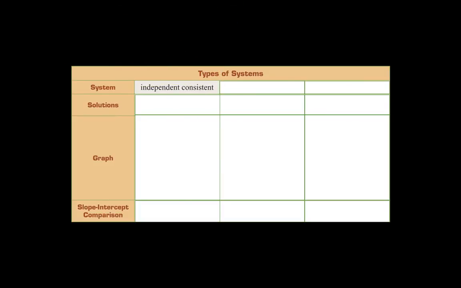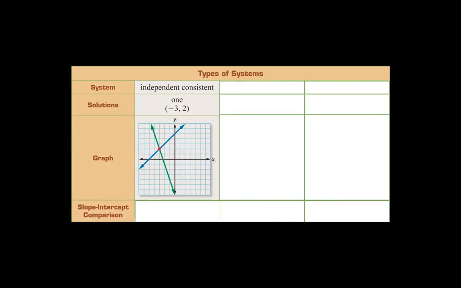A system is considered independent and consistent if there is one solution. That's going to occur when your lines intersect, because 2 distinct lines can only intersect at one point.